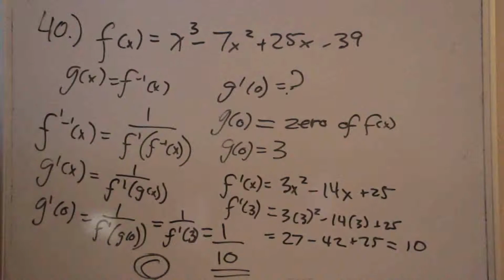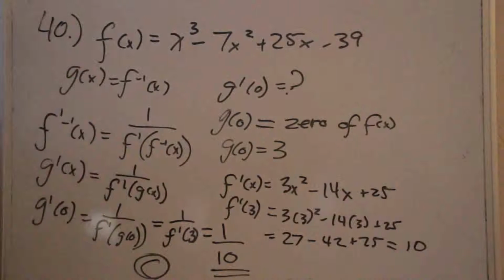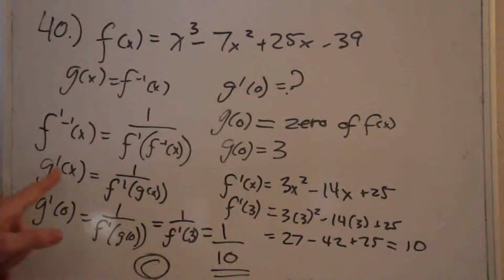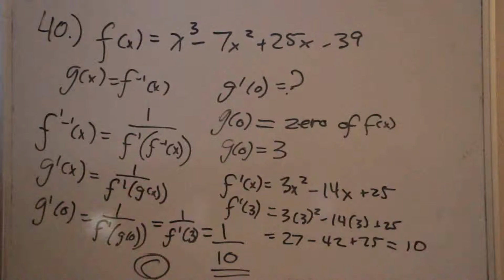It's definitely one of the trickier ones because you have to know this one, and that equation is hard enough to remember as it is, let alone work with it. But I don't want to discourage you. You definitely all can do it. You just got to remember that little function. It might even be easier to remember as this: g prime of x equals 1 over f prime of g of x, if g is my inverse, rather than thinking inverse. All that stuff gets confusing, right?